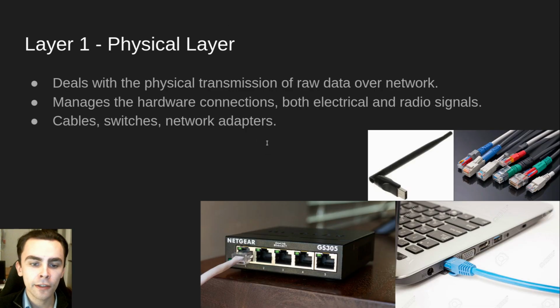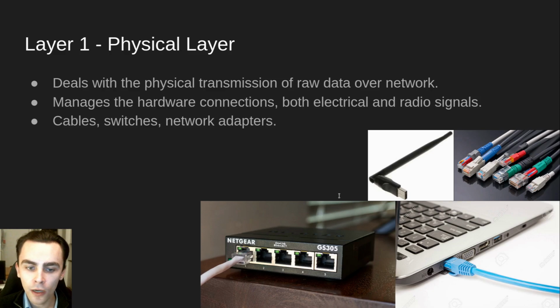The first layer of the OSI model is called the physical layer. The physical layer describes the physical and tangible components of a network. The main task of this layer is to transmit signals consisting of raw, unstructured data from one device to another device.